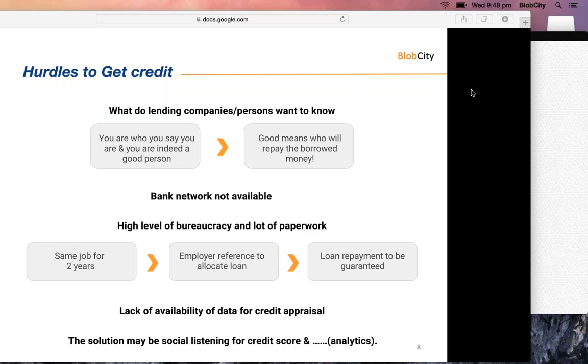In case he doesn't have a good credit rating, he loses out on certain critical jobs with higher responsibility, and because of which he might get affected. So there are multiple uses of social listening for credit scores.